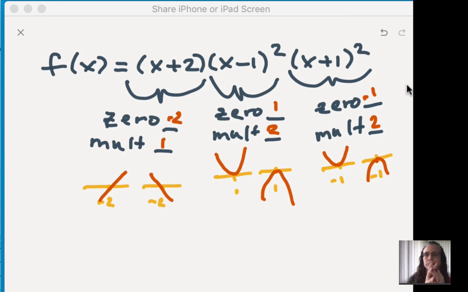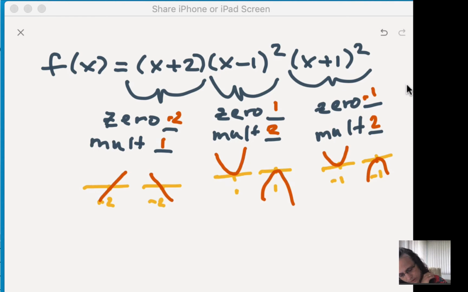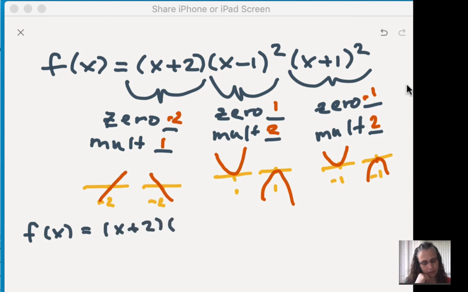Okay. So we haven't talked about the very first part of the problem, or the first thing they asked. So f of x, if we want to multiply this whole thing out, you have x plus 2. And then x minus 1 quantity squared is going to be x squared plus some stuff.